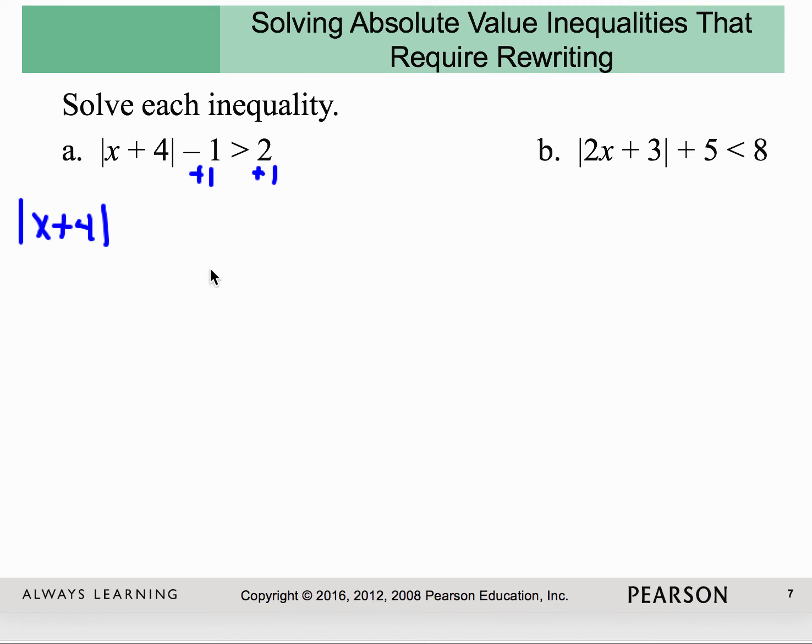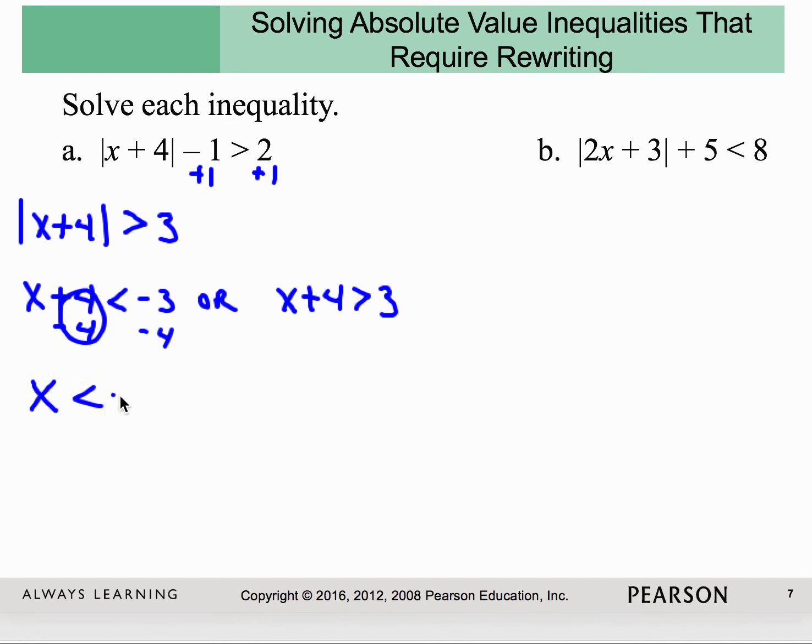Oh, that was awful. Okay, is greater than 3. Because it's a greater than, I just have to memorize. I can kind of think about what that means, right? Greater than a number, it's going to be on either far end. So that's two separate equations, right? It's going to be less than -3 or greater than +3. And then I can solve these individually.